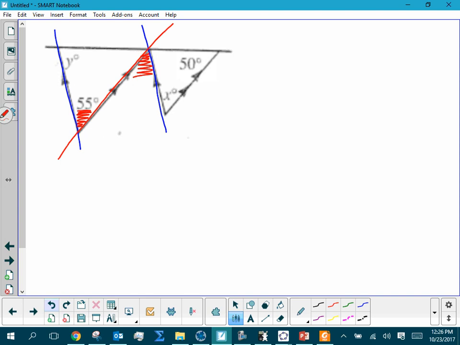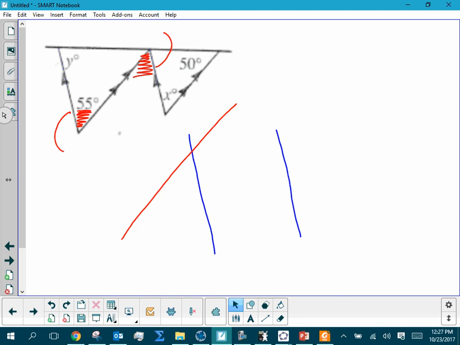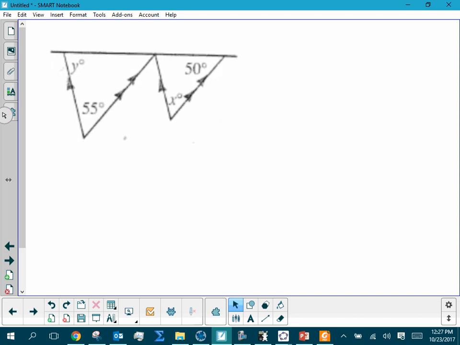So it makes no sense to look at that angle there and that angle there, because when I get rid of the parallel lines and the transversals, those angles are not defined for the problem, correct? So it doesn't make sense to look at those. But we do have the ability to say that was 55.